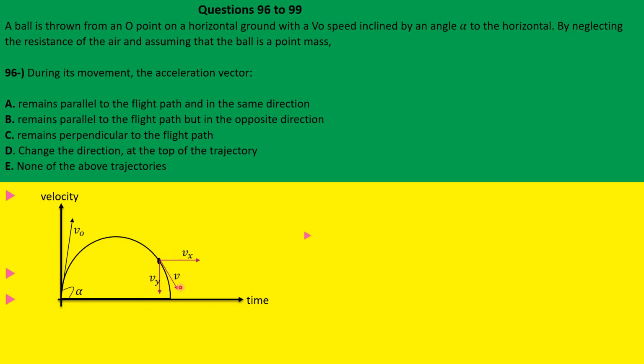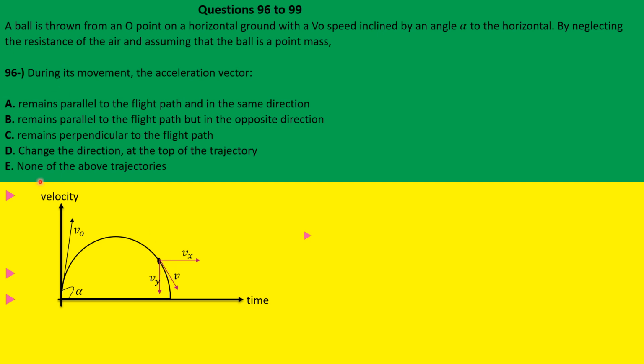So you notice that Vy is in the direction of gravity, or the acceleration of the body. So because Vy is in the direction of acceleration of the body and Vy is neither perpendicular nor parallel to V, therefore Vy is neither perpendicular nor parallel to the path described by the projectile, which therefore means that the acceleration is neither perpendicular nor parallel to the path described by the projectile.